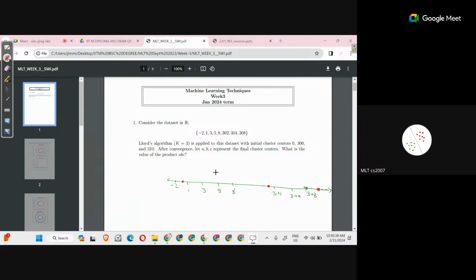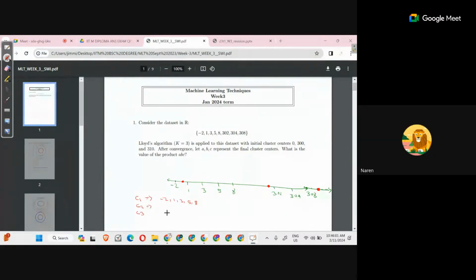Okay, so what will happen? Just assign the values to C1, C2, and C3. What numbers will fall into the C1 cluster? 1, 3, 5, 8, and -2.